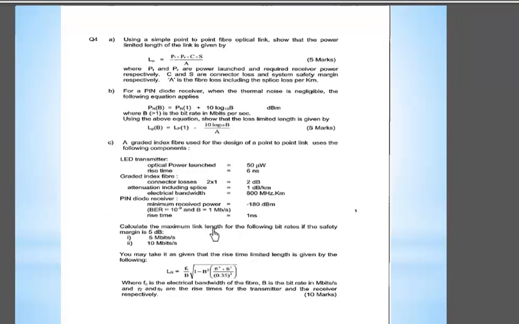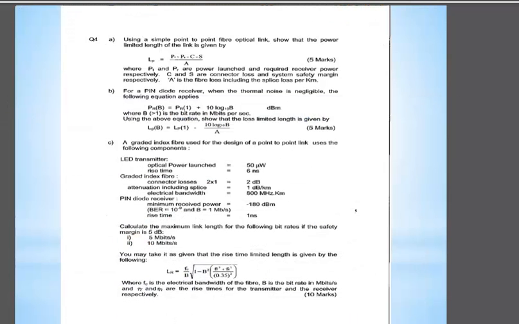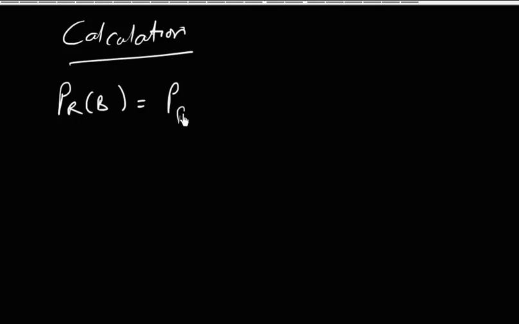Now, he's going to give you everything. In fact, this second part is so easy. For example, he gives you the receive power at this bandwidth is equal to the receive power at 1 plus 10 log B base 10. He's just going to give you this formula.